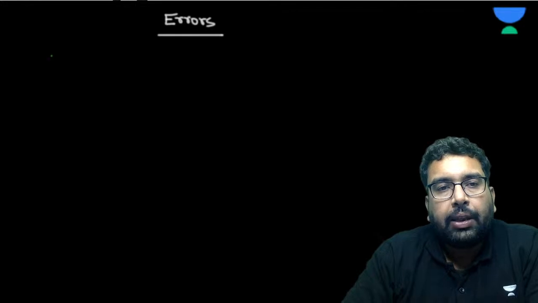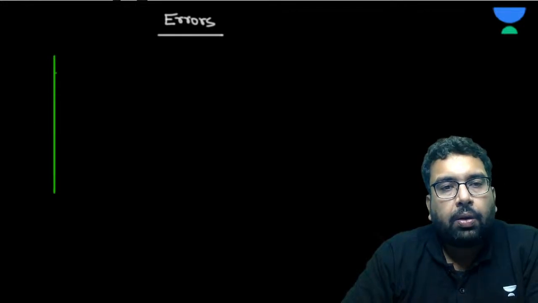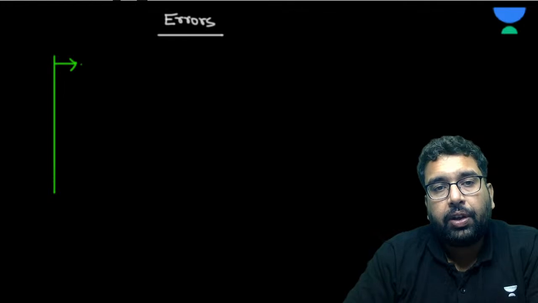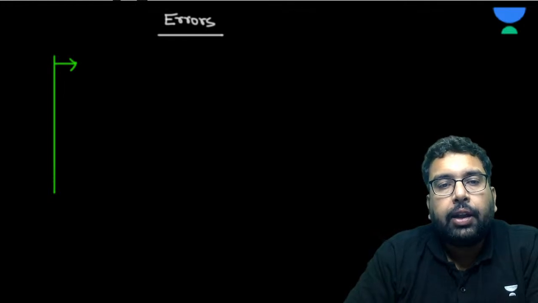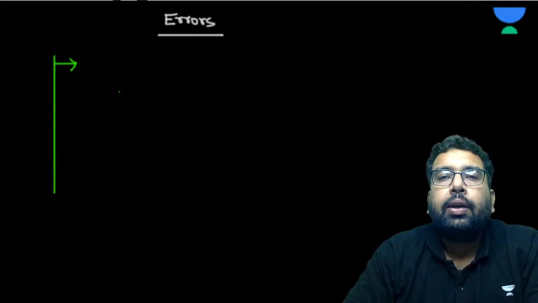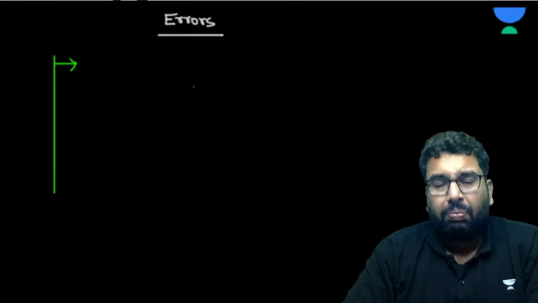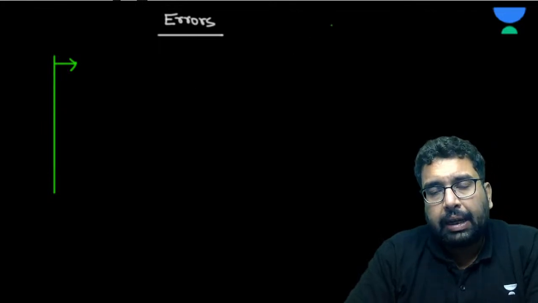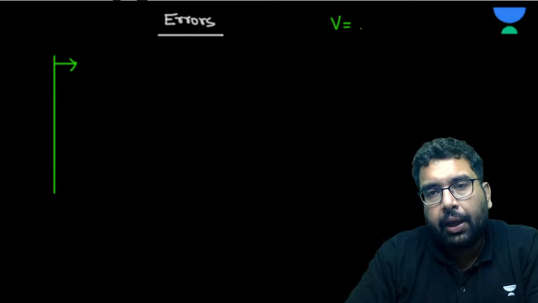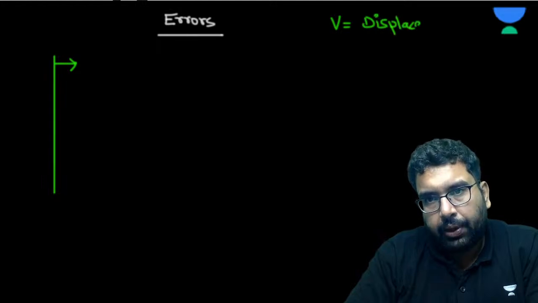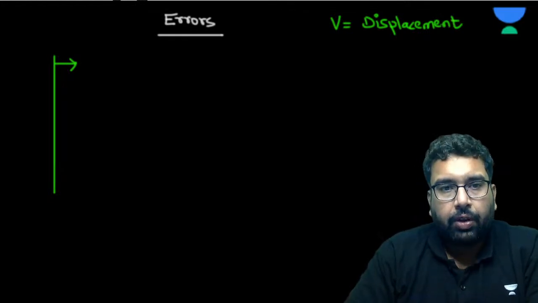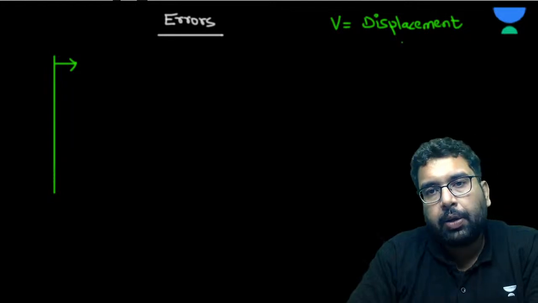So basically, in this particular part of this chapter, we are interested in finding out what the error is going to be in a particular measurement, and how we can deal with the errors. For example, if we want to find the velocity, we know that velocity is displacement per unit time.